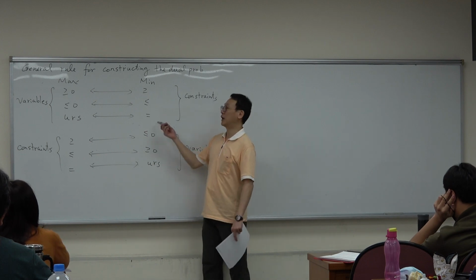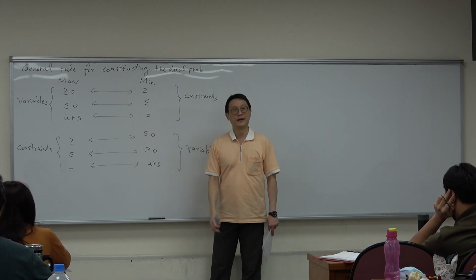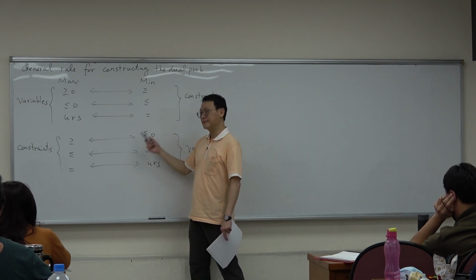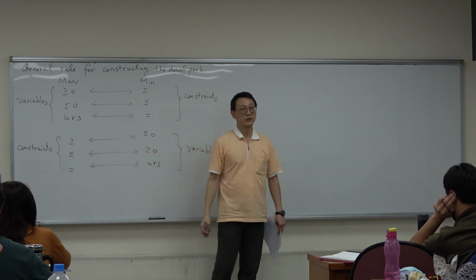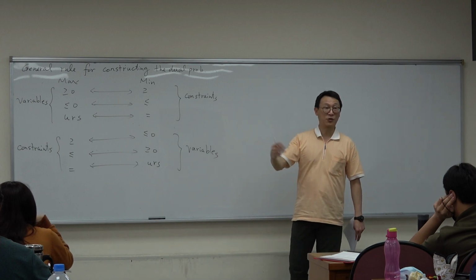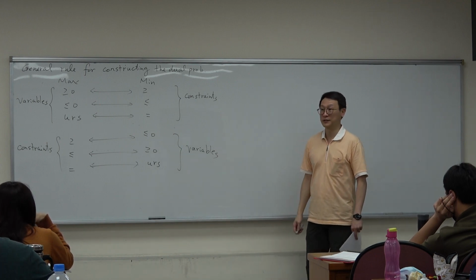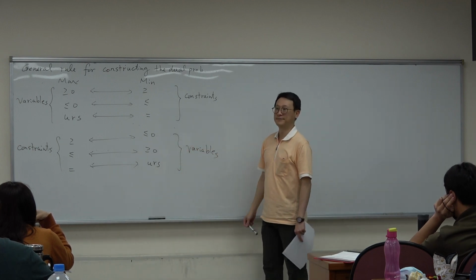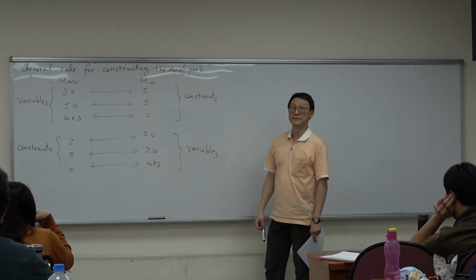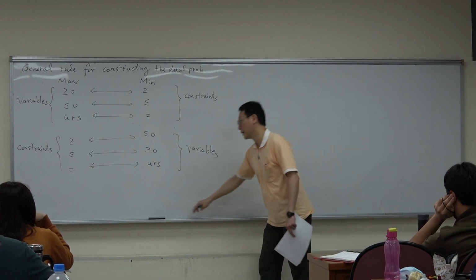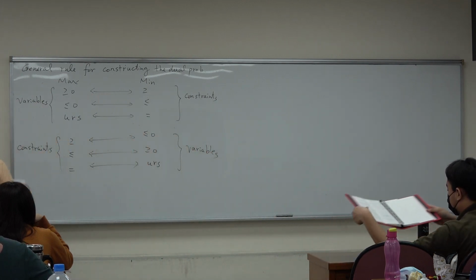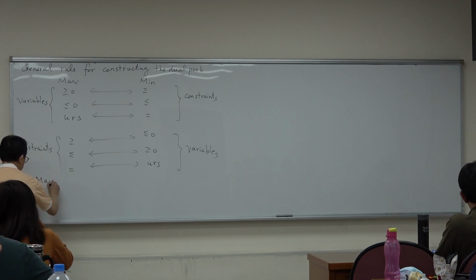And for unrestricted and equality, you don't have to remember that, because for an equality constraint, the corresponding variable will always be unrestricted. Okay, so the story of maximization and minimization is maximize Cx.